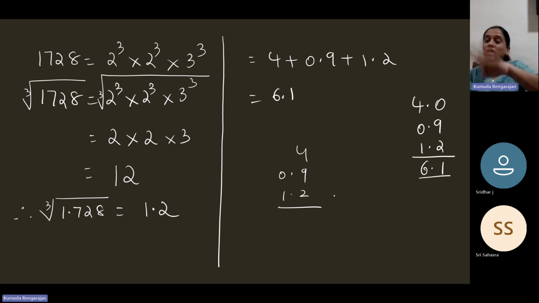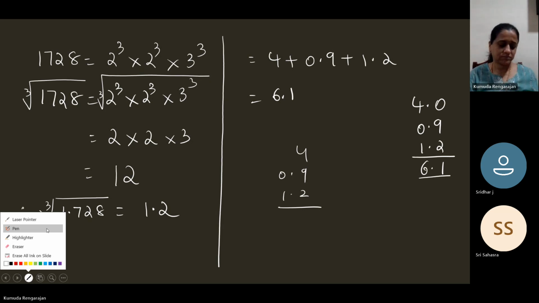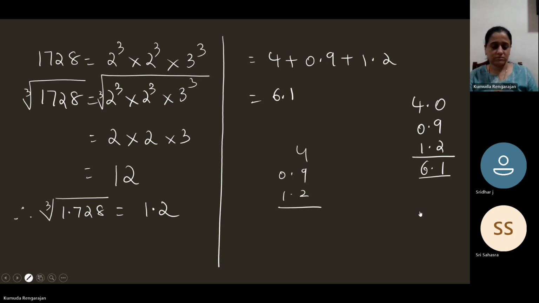There is 4, and how can you get 2 point something as the answer? 4 is 4.0, and then 0.9, 1.2. Okay, so it's 6.1. All right.